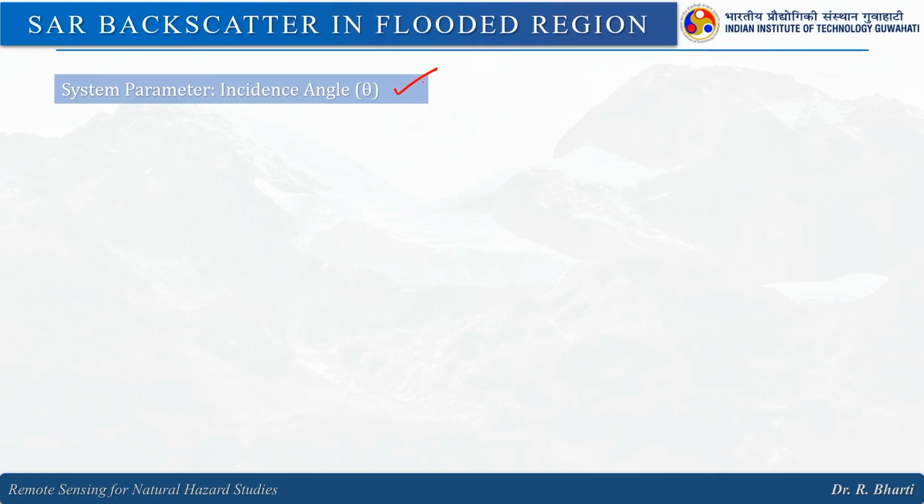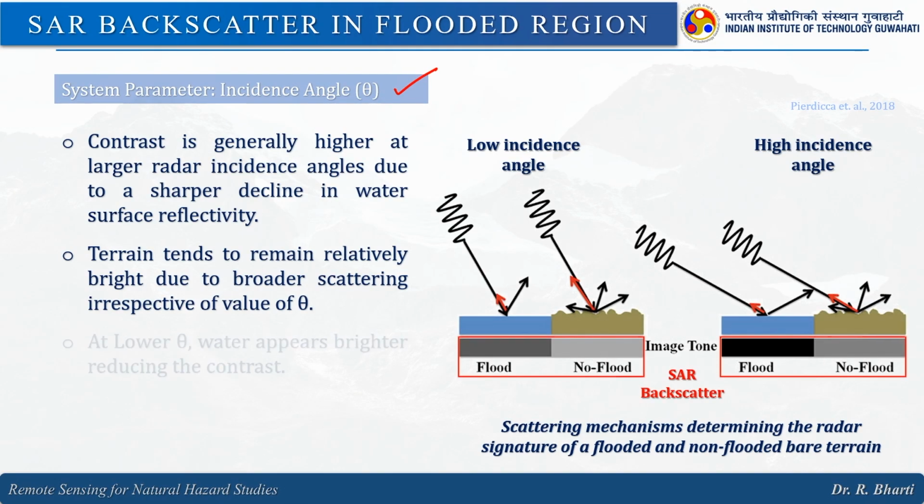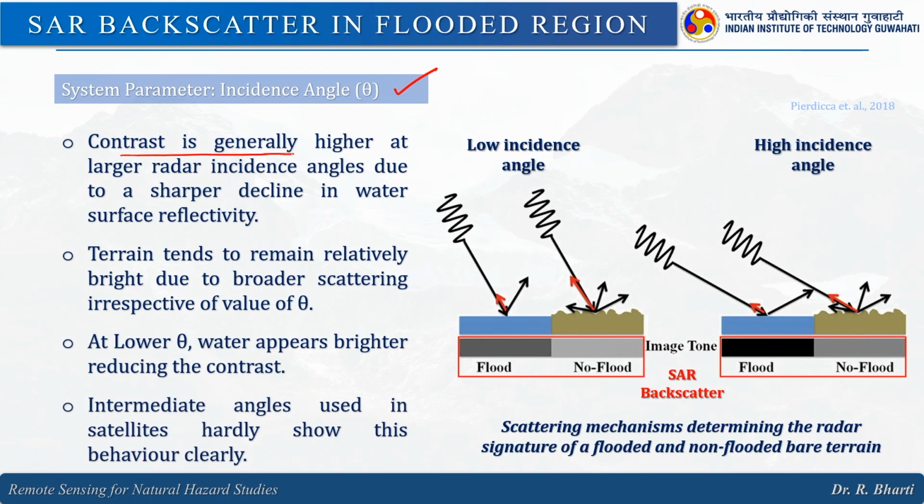Now comes the incident angle. Here you can see the contrast is generally higher at larger radar incidence angle due to a sharper decline in water surface reflectivity. Here you can see this is no flood and this is flood.